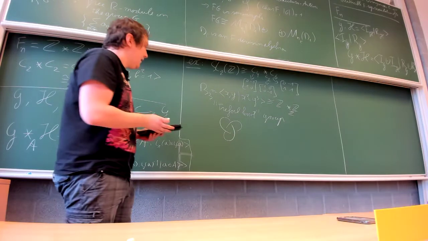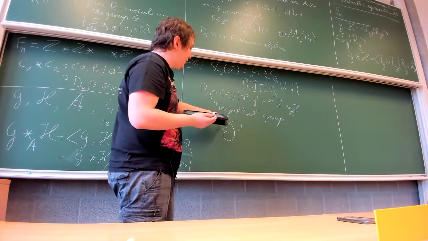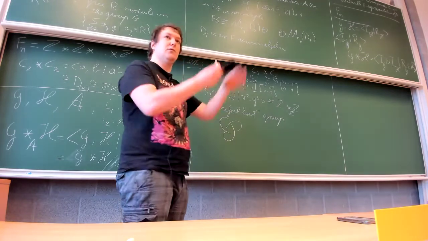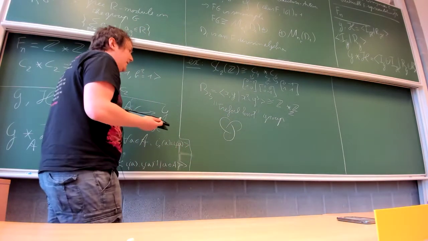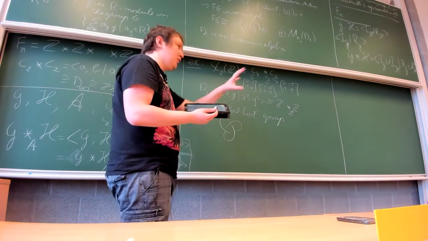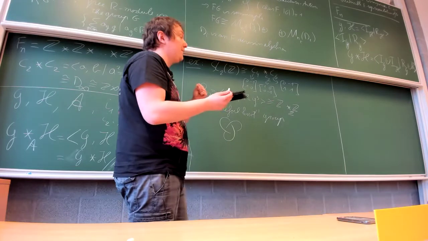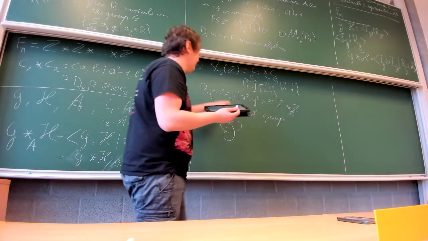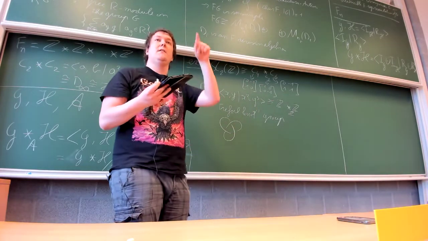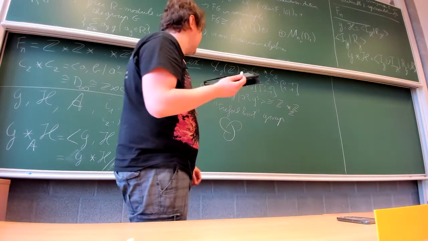And basically this group is, if you just take R3, so normal R3 space, you embed this knot in it, you remove it from the space, and then you take the fundamental group.